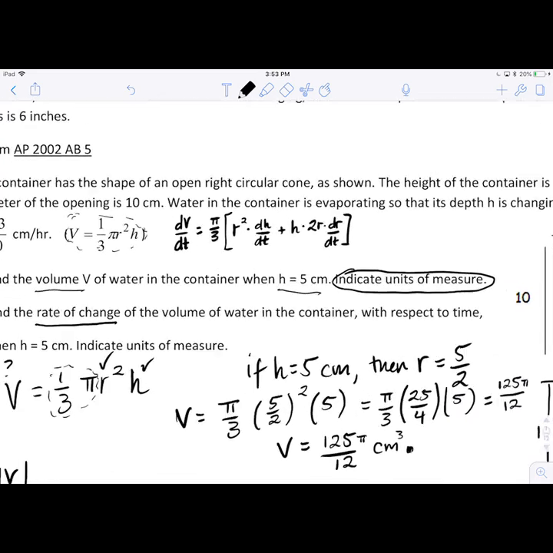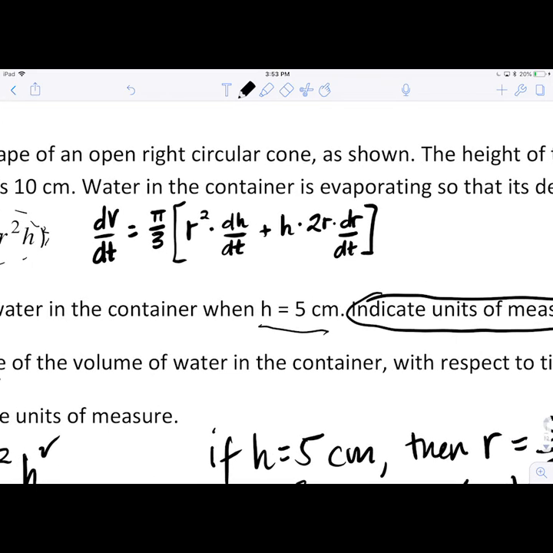So what we're going to do is just clean this up a little bit. You have pi over 3 times r squared dh/dt plus 2rh dr/dt. All right, when h is equal to 5, I know that r is 2.5.